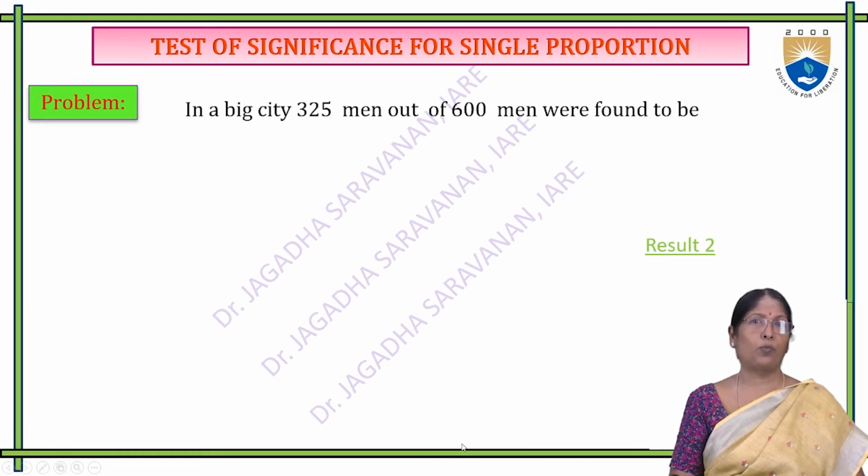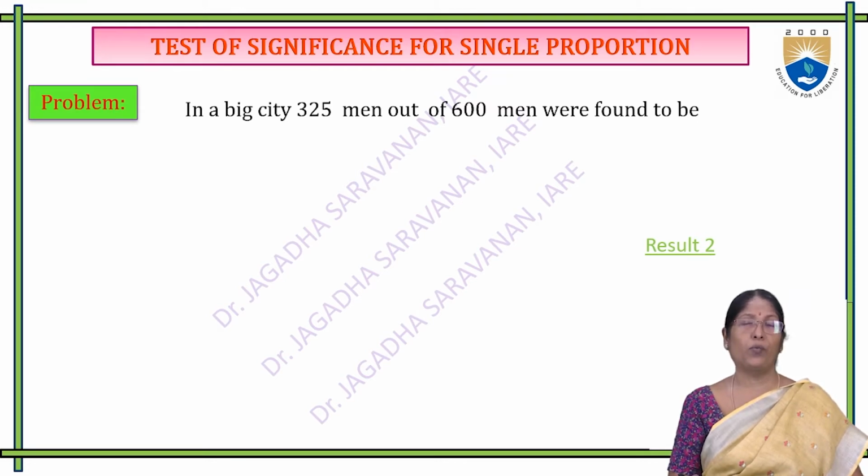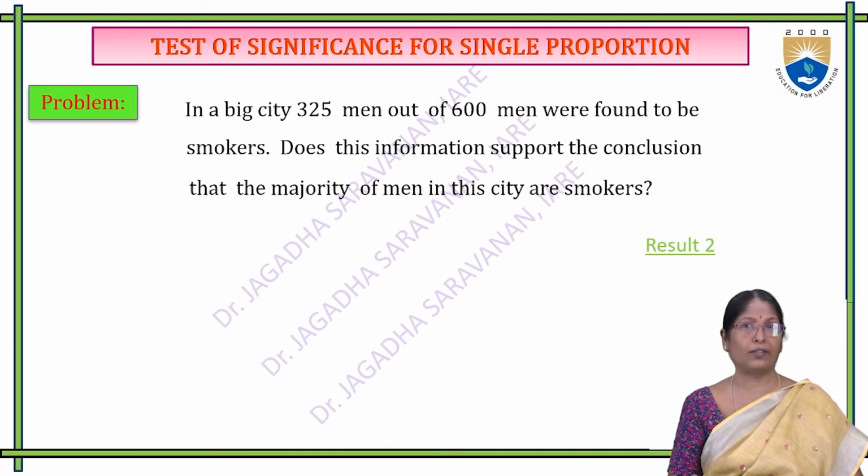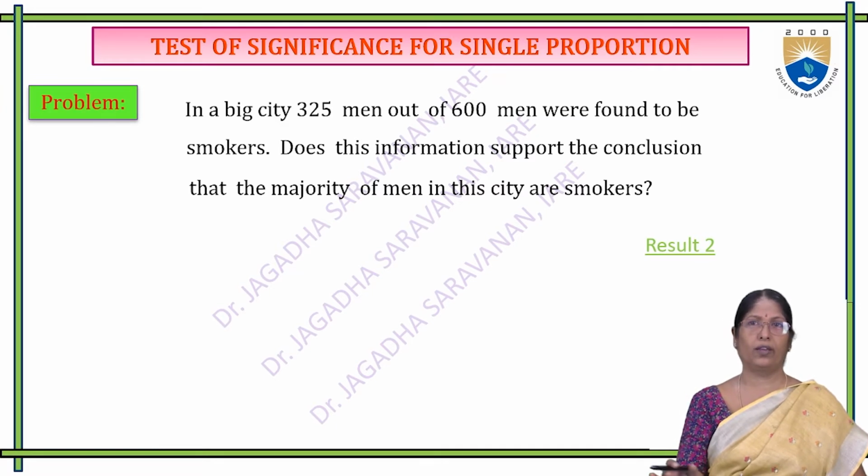So the second problem is: in a big city, 325 men out of 600 men we are taking were found to be smokers. Does this information support the conclusion that the majority of men in the city are smokers?